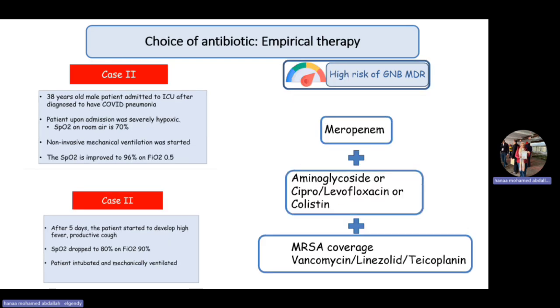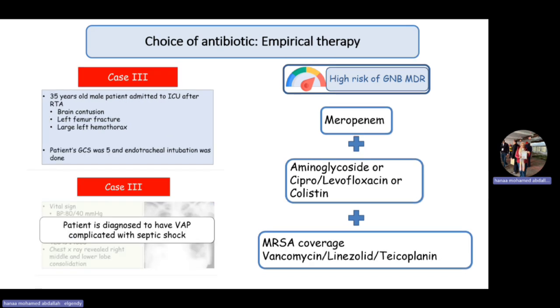In case number 2, this patient had a high risk of gram-negative bacteria, with previous COVID-19, so we have to start with meropenem plus aminoglycosides plus coverage of MRSA. Case 3 is the same as case 1. This patient has septic shock, with high risk of MDR, so we have to give meropenem combined with aminoglycosides or levofloxacin or colistin plus coverage of MRSA.